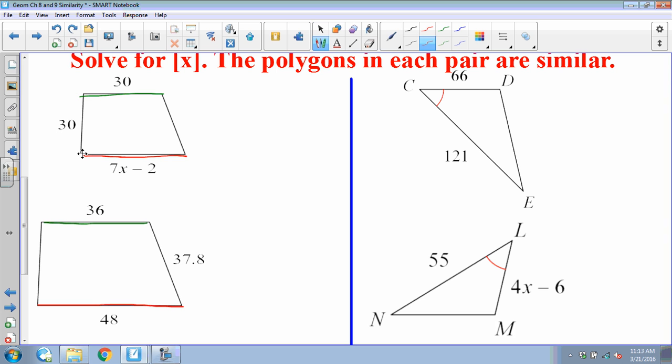And so we do 30 over 36 equals 7x minus 2 over 48. So now when you cross multiply, you need to make sure 7x minus 2 is all together. So you need to make sure that when you do that, you distribute that 36.